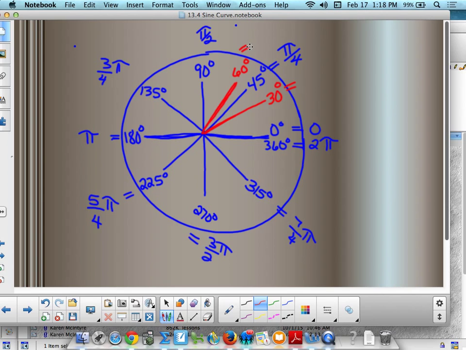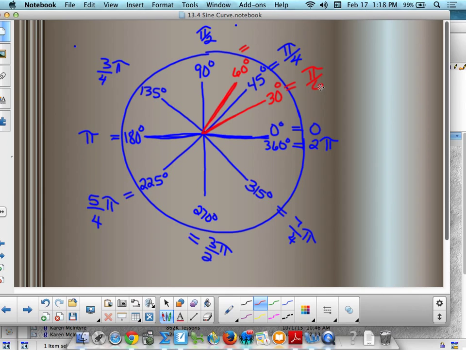Now we got to talk about 30s. When it comes to 30, how many 30s fit into 180? 6. So this is 1/6 of 180. When it comes to radians, this would be 1/6 of pi. So I would write it like this. Pi over 6, 1/6 pi.